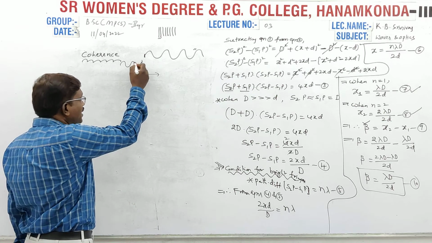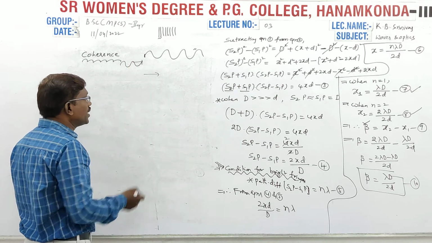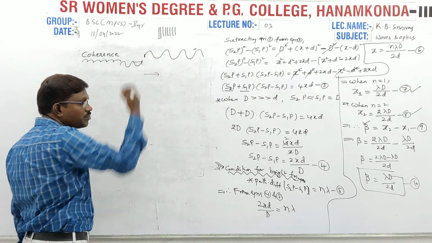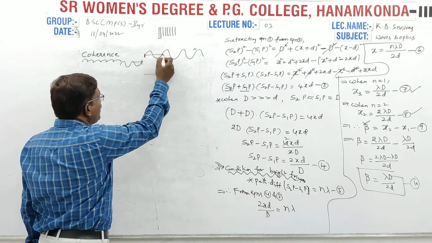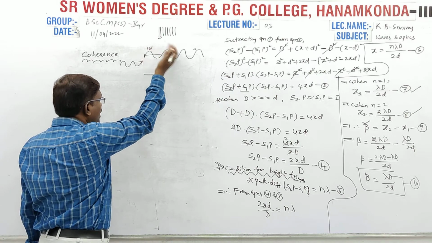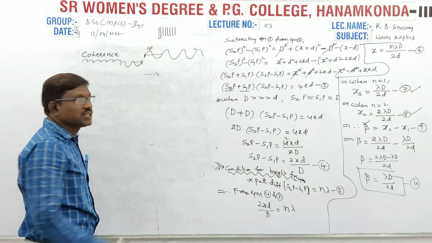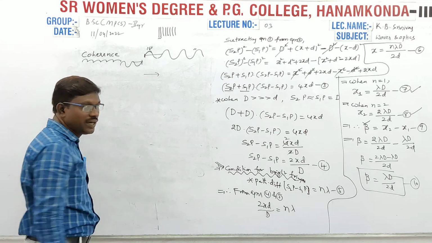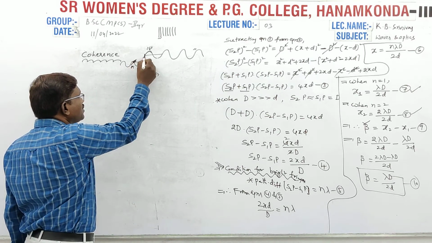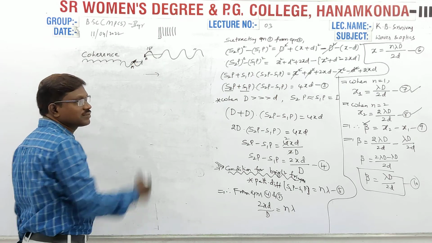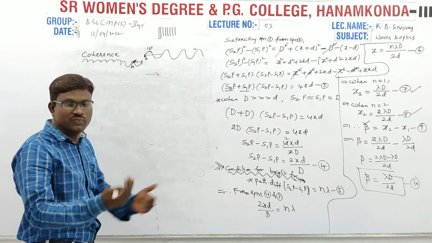See, this second wave is 180 degrees lagged by the first wave. In other words, first wave is 180 degrees ahead of second wave. This is actually 180 degrees. Clear? So what is the phase difference? These two particles, this one and this one, exactly 180 degrees. So this is about phase difference.